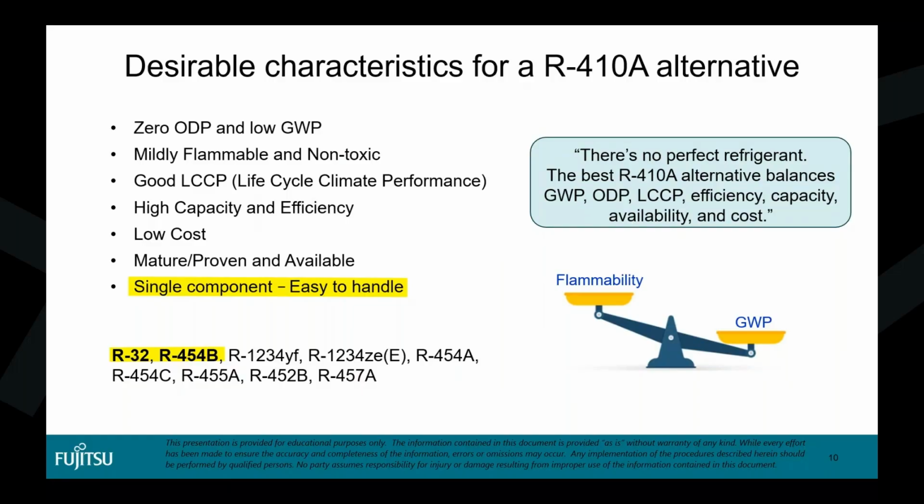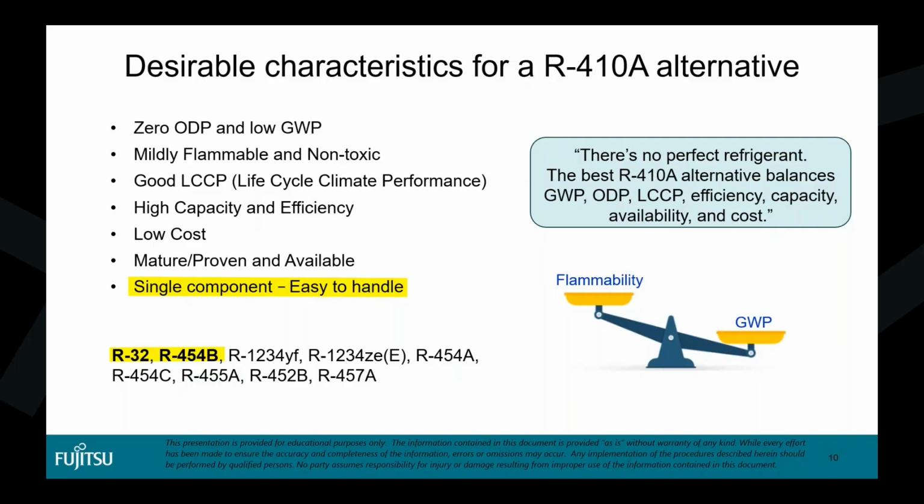It's a single component, makes it easy to handle. I listed below there those 7 or 8 that are approved right now by EPA to be used, and they are all blends. R32 is a single component, going to make it easy to handle in so many cases. It also seems that when GWP goes down, flammability goes up. That's why there is this concern now with these A2Ls.